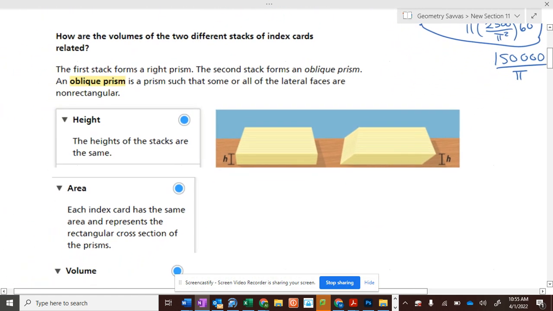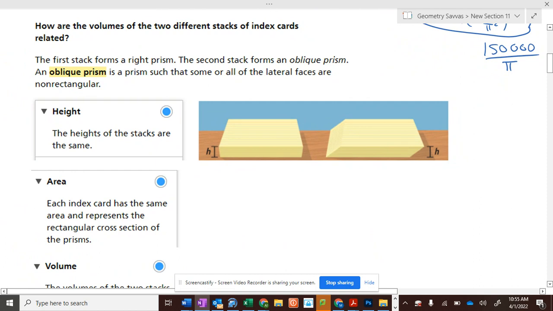Okay? Now, an oblique prism versus a regular prism. All right. So, here we have a regular prism. It stands straight up and down.